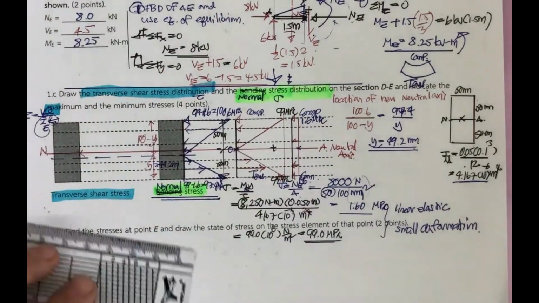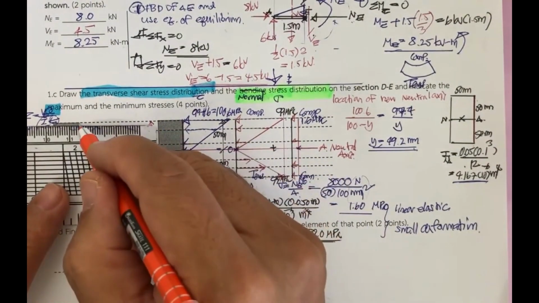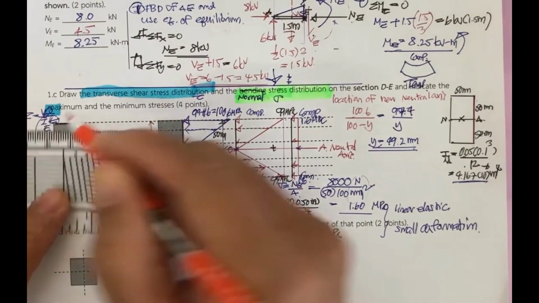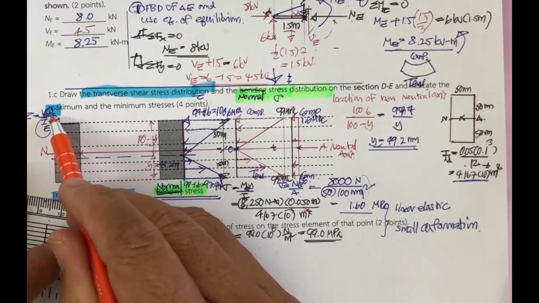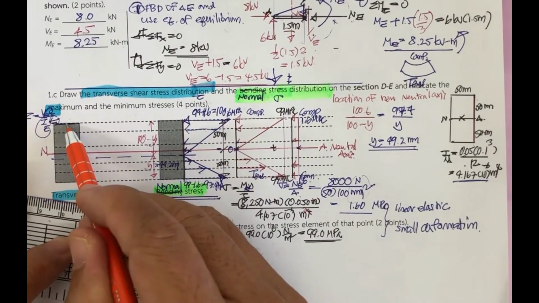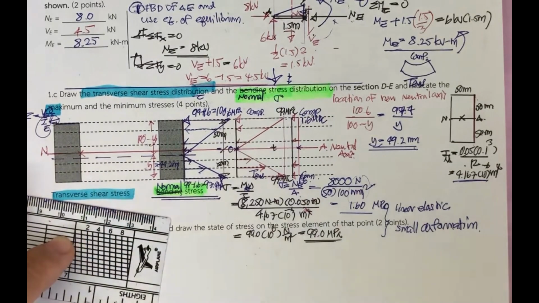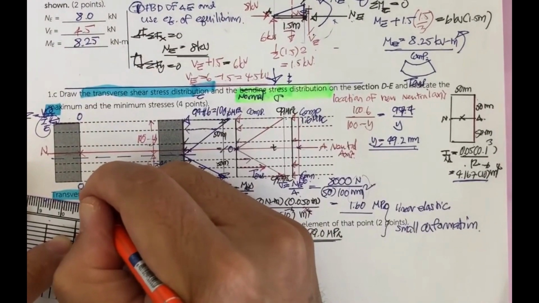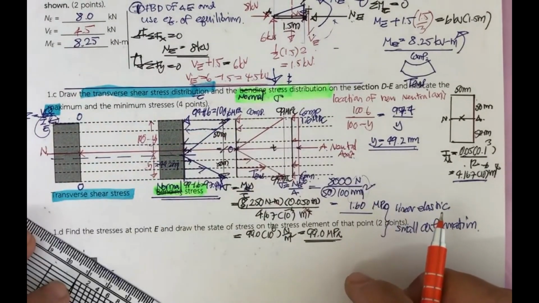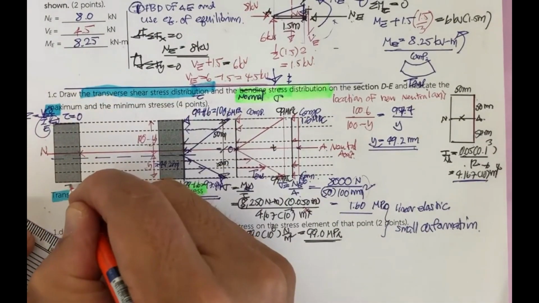Okay, Q is the area above where we find the tau. If we would like to find the tau here, the area above here is 0. So the Q, the moment of the area above the neutral axis, is 0. So usually we know that on the top and the bottom of the section, we have tau equal to 0.